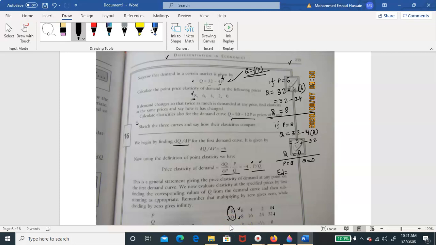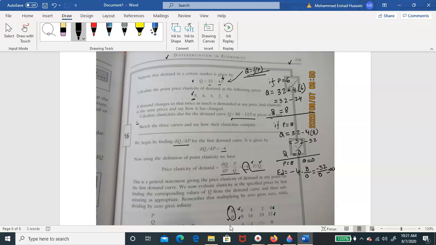We know this part we already have solved, minus 4. And then p we are saying is 8 and q we are saying is 0. So minus 4 times 8 is minus 32, divided by 0. Anything divided by 0 is infinity.